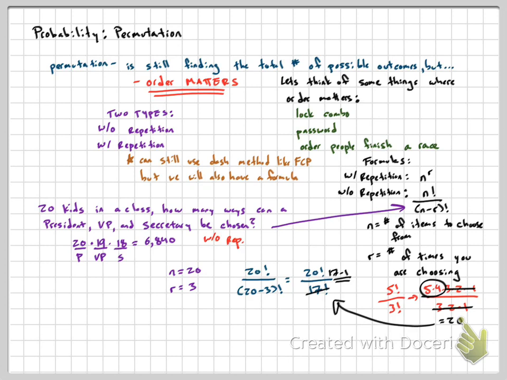So in our numerator, we're only left with 20 times 19 times 18 because the 17 down to 1 got reduced because we had that in our denominator. And if you look back at our FCP, that's the exact same thing we did. So again, formula or fundamental counting principle, you're going to be doing the same thing either way.